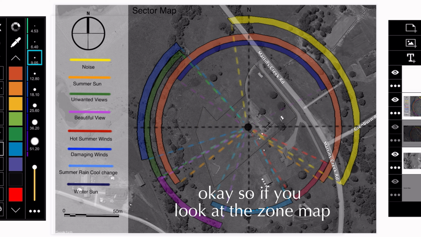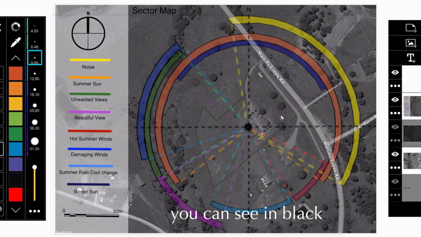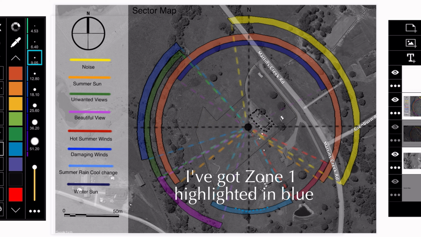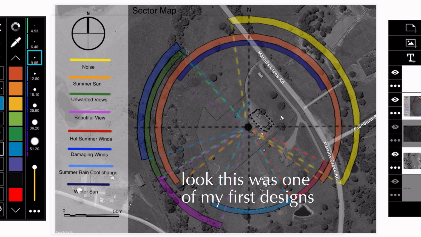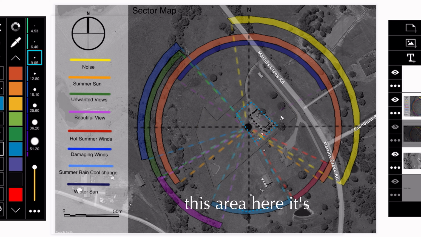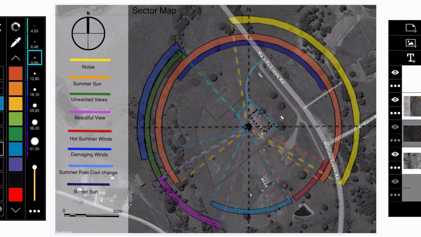Okay, so if we look at the zone map that was done for the property, you can see in black there in the center is the house, and that's my zone 0. And then around that property, I've got zone 1 highlighted in blue. Look, this was one of my first designs, so you tend to stick with what you know. We get the access from the driveway, the shed's located here.